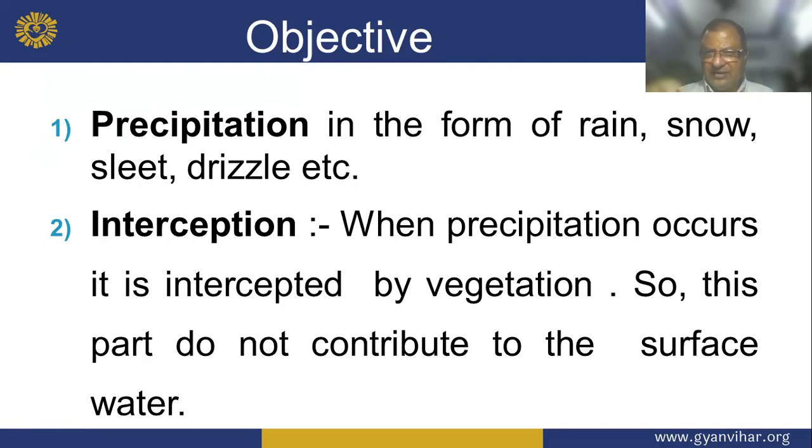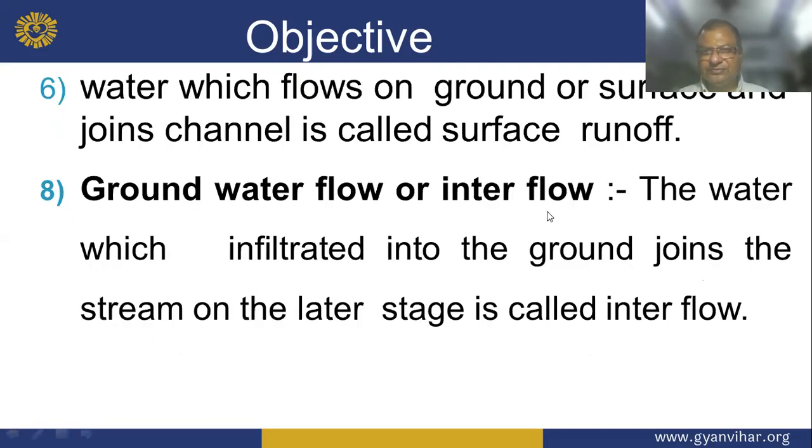Interception. When precipitation occurs, it is intercepted by vegetation. So this part does not contribute to the surface water. Water which flows on ground, on the surface, and joins a channel is called surface runoff.